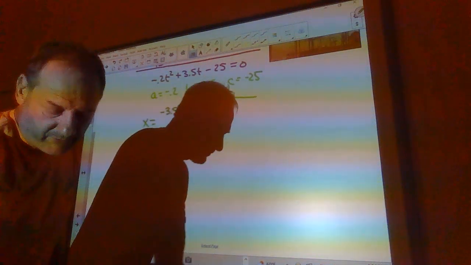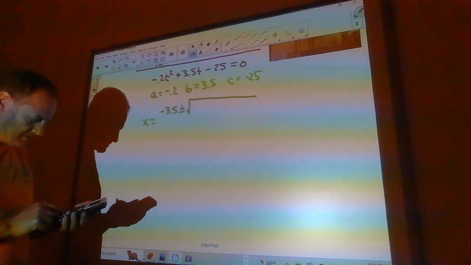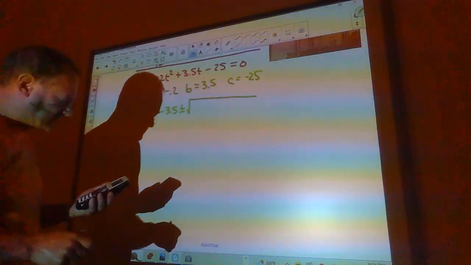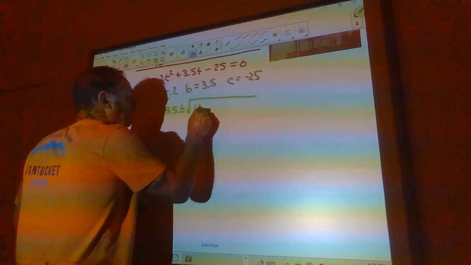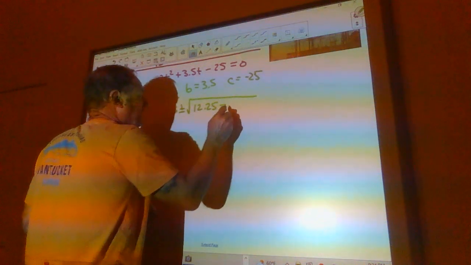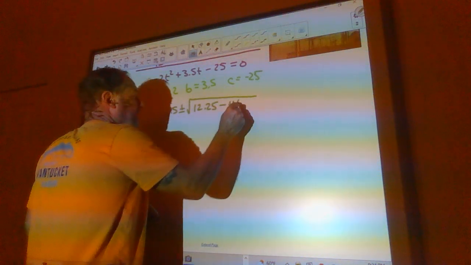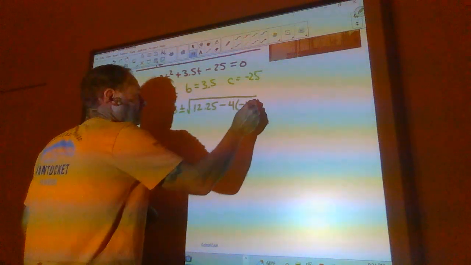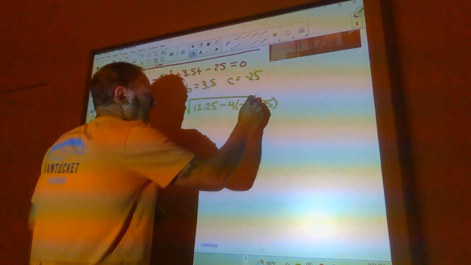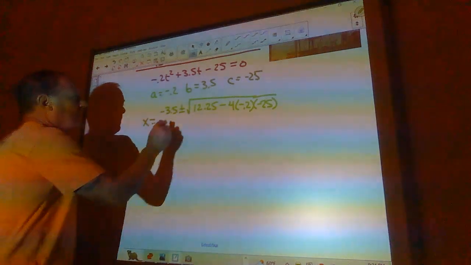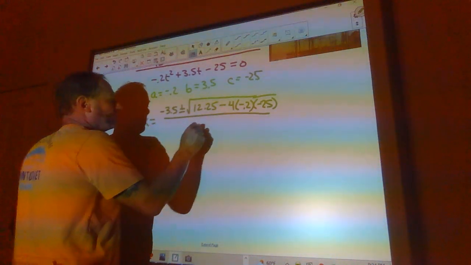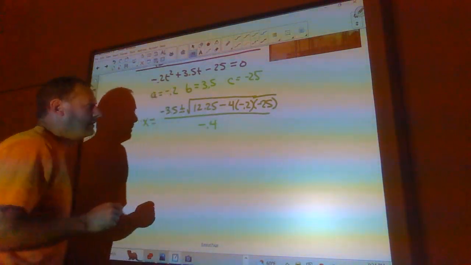So 3.5 squared is going to be 12.25, minus 4 times -0.2 times -25, all over 2 times -0.2, which is -0.4.